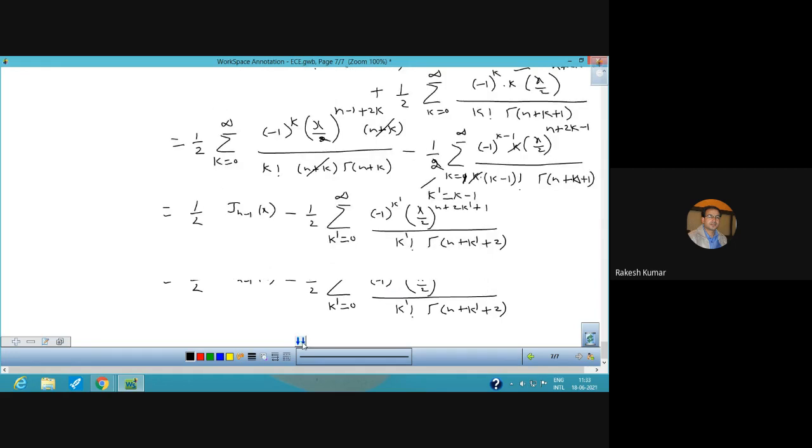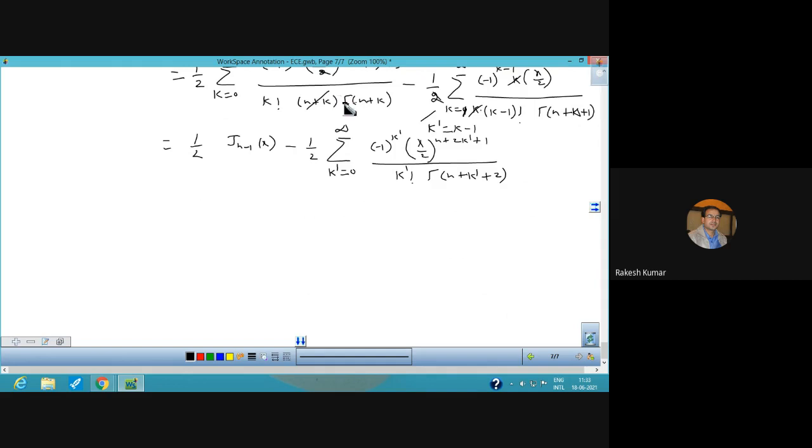And if you see the second recurrence relation, this formula is used for Jn plus 1 x. So 1 by 2 is common. Jn minus 1 x minus Jn plus 1 x. Now this is the required recurrence formula which we have. So this is another formula, and in the left hand side we have Jn x derivative, that is Jn dash x.